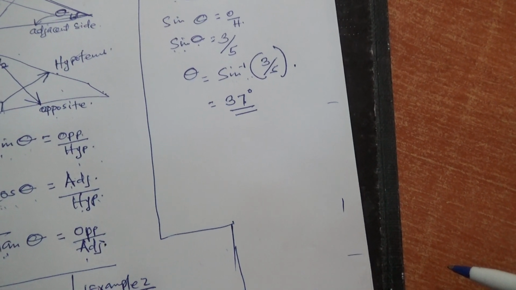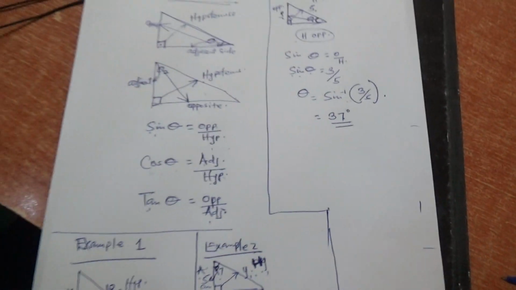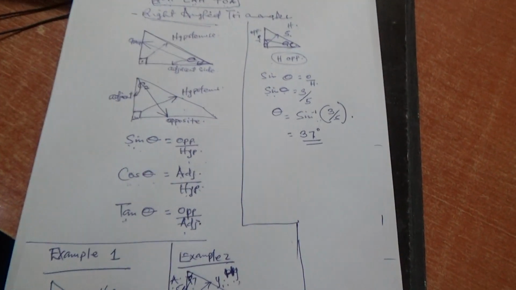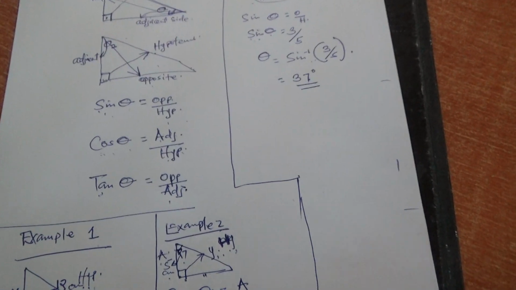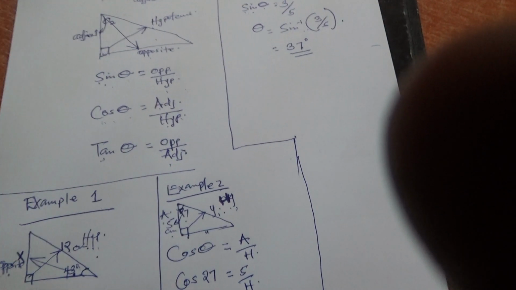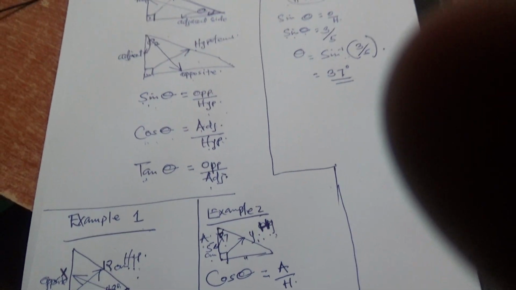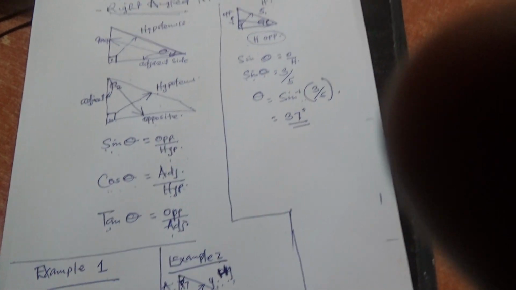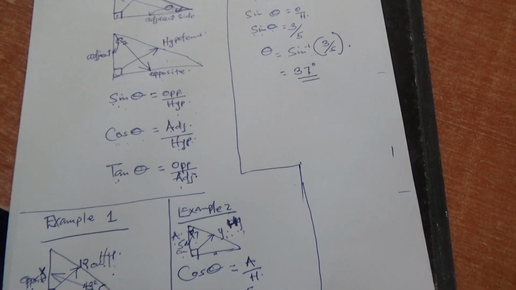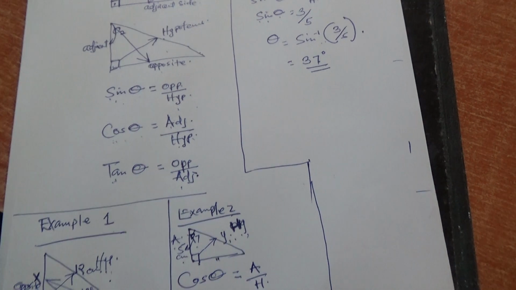I have talked about how to deal with the cosine, the tan, and everything. So you must always know that under trigonometric ratios, this deals with right angle triangles.